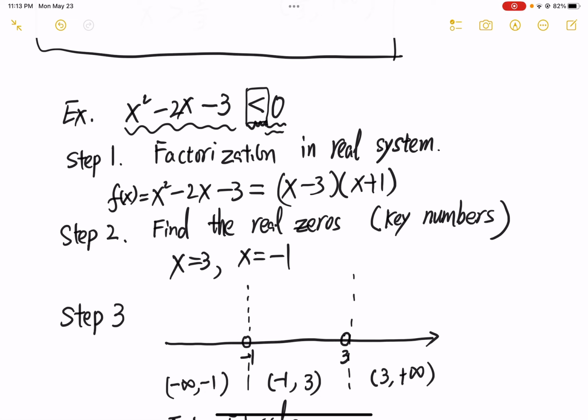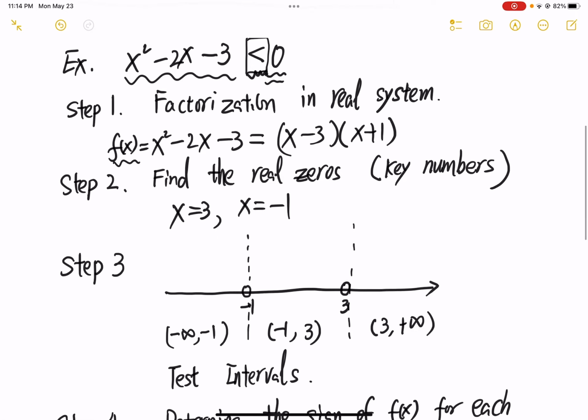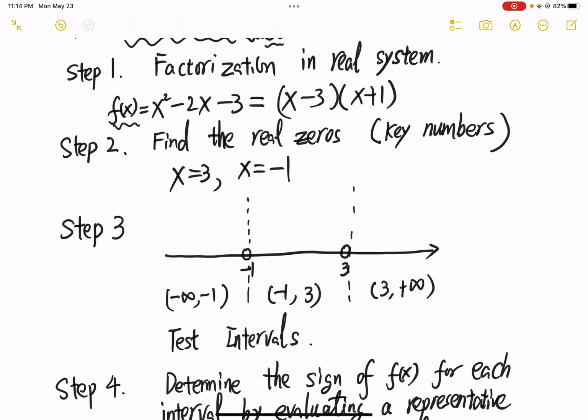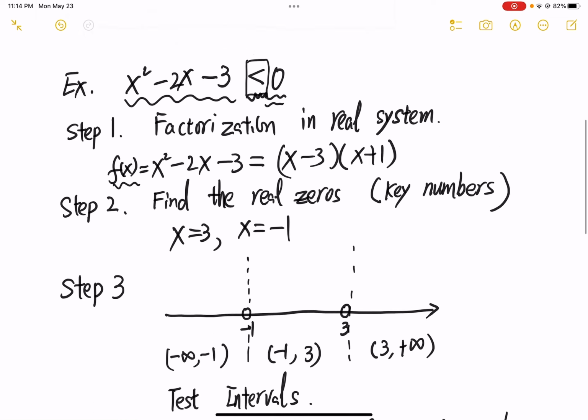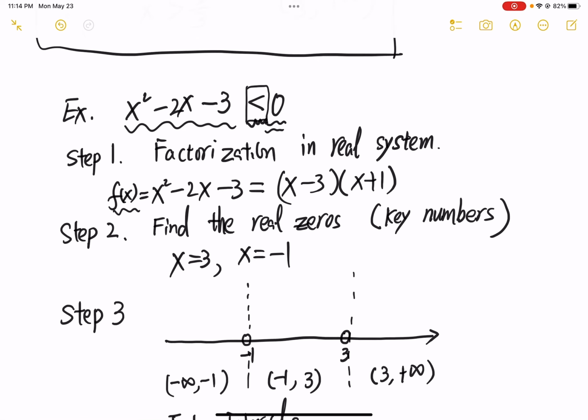So we factorize this f of x, then find the real zeros, which we call the key numbers, and locate these key numbers on the number line. So here, hollow circle or solid circle depends on whether the inequality contains an equal sign or not.